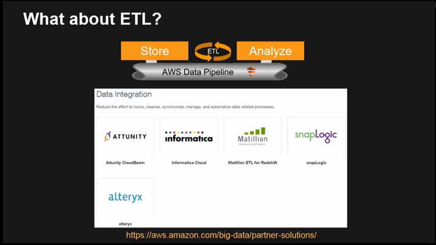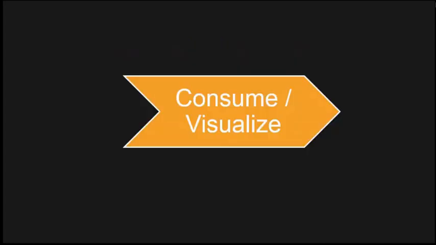So you can build a very complex pipeline using AWS Data Pipeline. We also have amazing partners such as Talend or Informatica and others to build very scalable ETL pipelines. I've given the reference to the partner solutions there. They have a fantastic video and other material that will help you make the right choice there for your workloads.